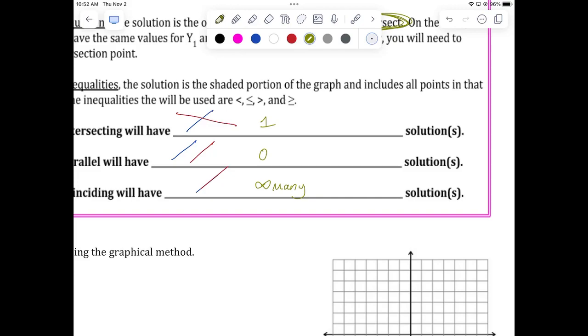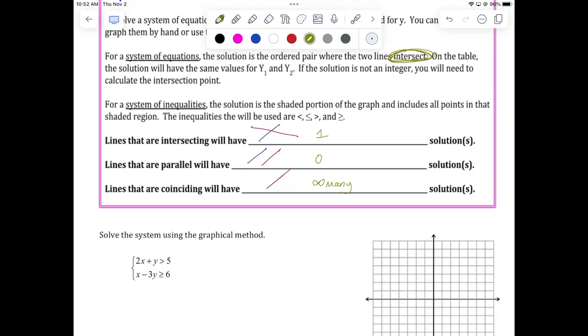Okay, so most of the time they intersect one time and we find it like we did in the warm-up. Every once in a while they'll run parallel to each other, no solutions. And we're talking about the Cartesian plane, the flat two-dimensional Euclidean geometry plane. There are times where parallel lines can intersect if you're looking at curved geometry, but we're not looking at curved geometry.